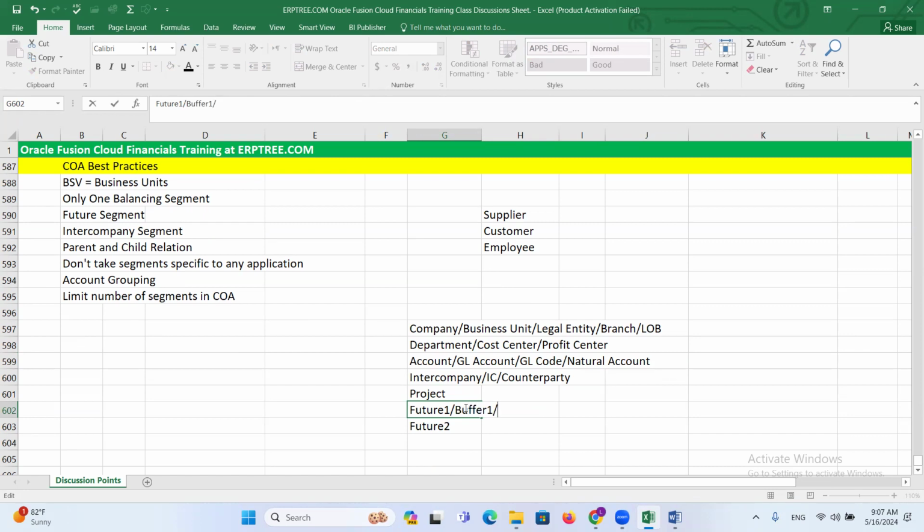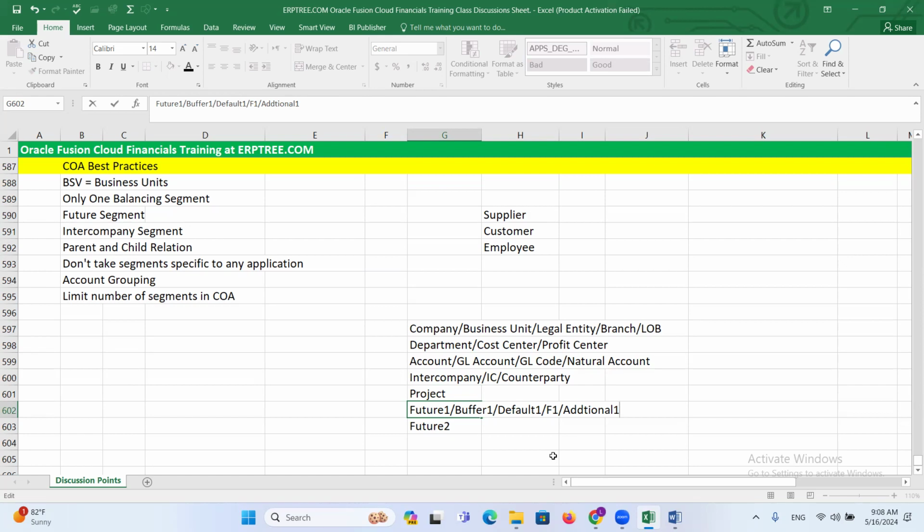In some projects, the client will say default, segment name itself default. Or else simply they will prefer a name as just F1, future 1. Or in some projects they prefer additional 1, additional 2. So these are the typical naming conventions we come across as a part of implementations.